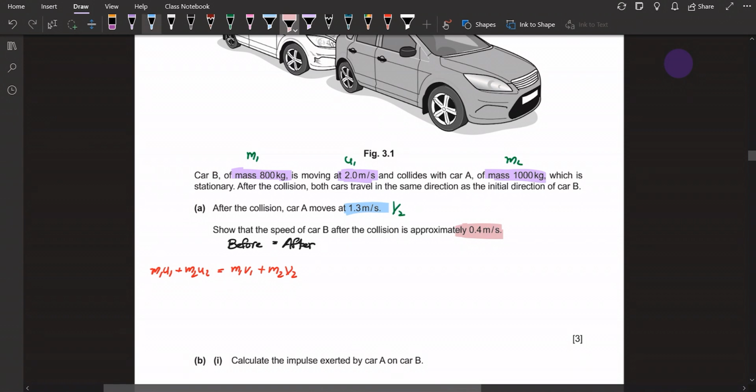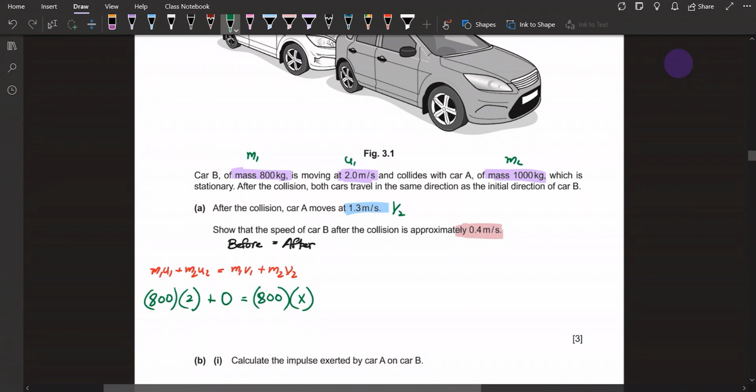So we can just put in our values, which is going to be m1, which is 800, into u1, which is 2, plus m2, which is 1000, into u2. Before the collision it's 0, so 0 into 1000 is going to be 0, which is equal to total momentum after the collision, which is going to be m1, again 800, and we have to find v1, which is going to be x.